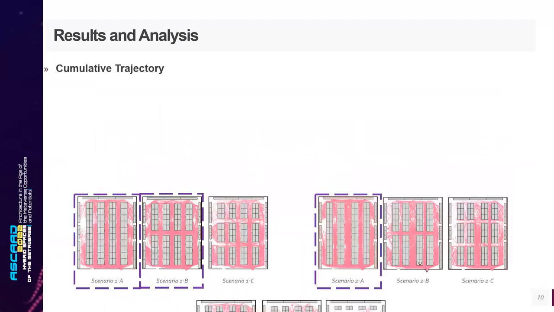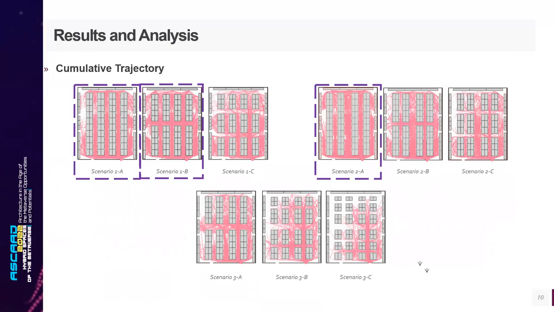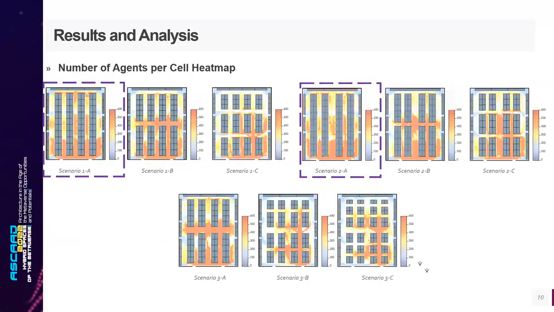For the results, we see that the cumulative trajectory taken at the beginning of the simulation shows that the configuration with vertical aisles enables the agents to reach most of the booths in less time and also a better distribution of trajectories. And the visualization of the number of agents per cell map also confirms the first observation.